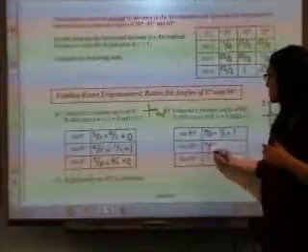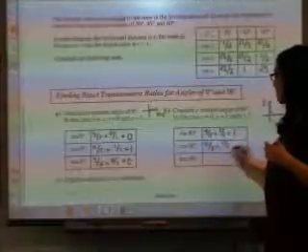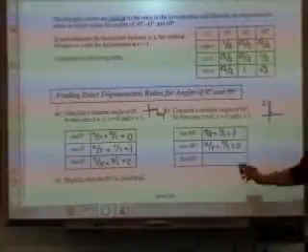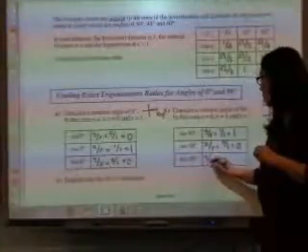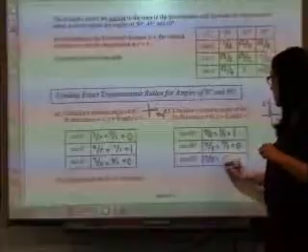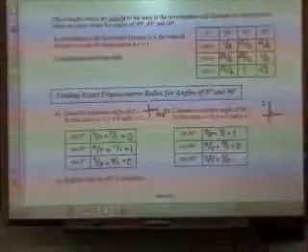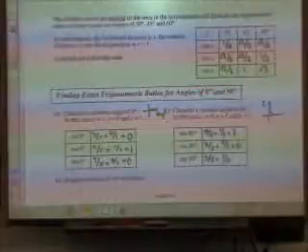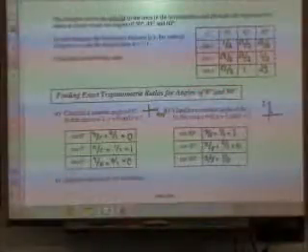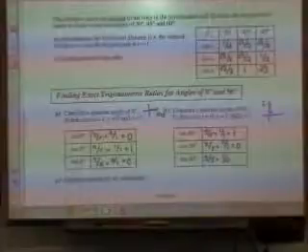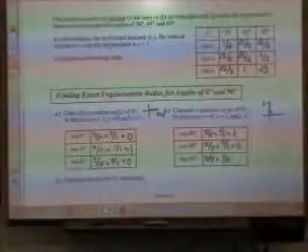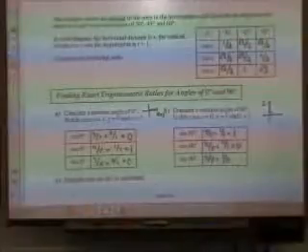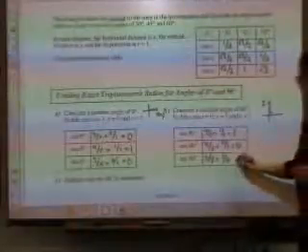Cos would be 0 over 1 or 0. And then when I get to tan, I get y over x, which becomes 1 over 0. And what is 1 divided by 0? Undefined. Why? Can't divide something into no groups. So this becomes undefined.